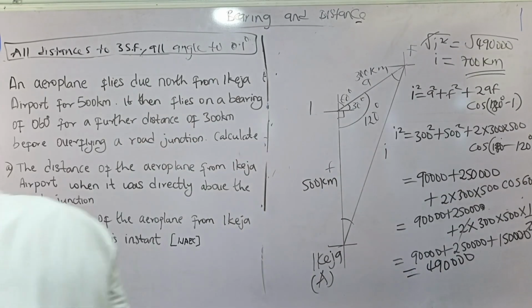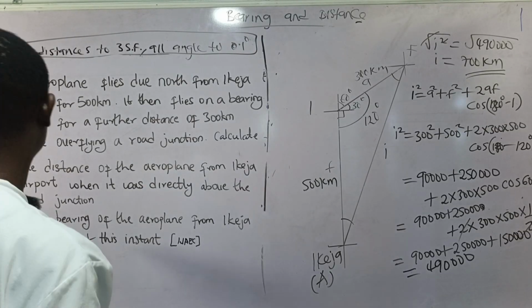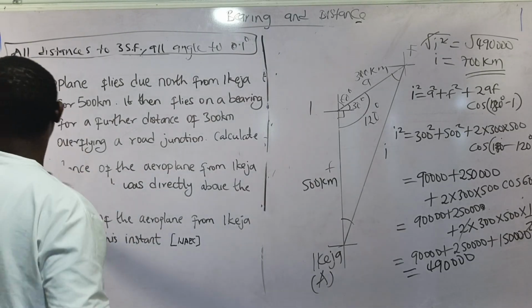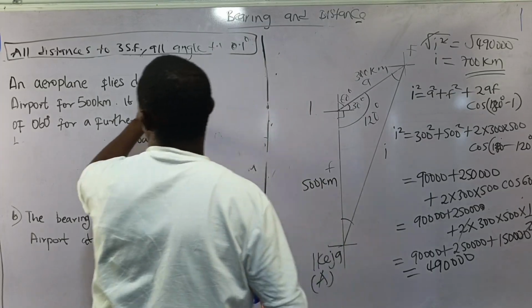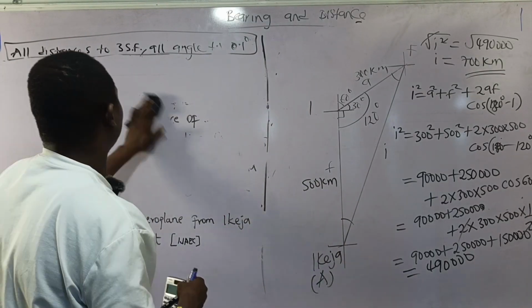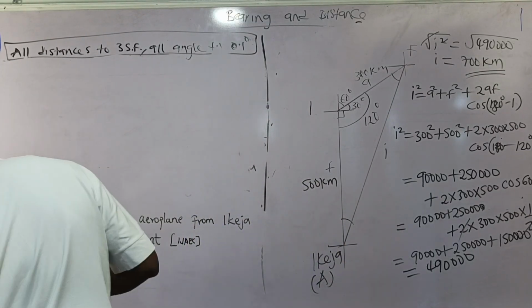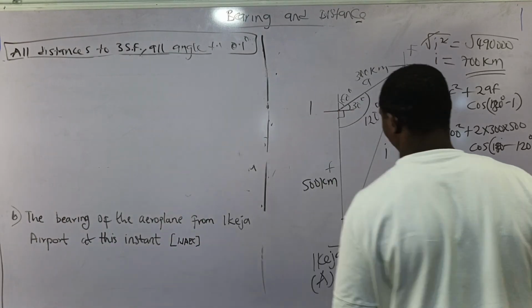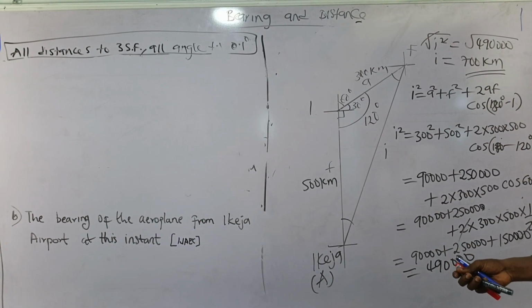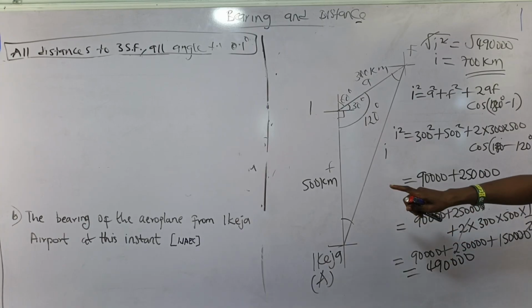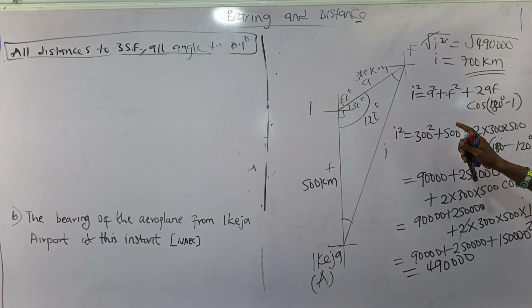Let me clean this top. Now the B part says, find the bearing of the aeroplane from Ikeja Airport at that instant.